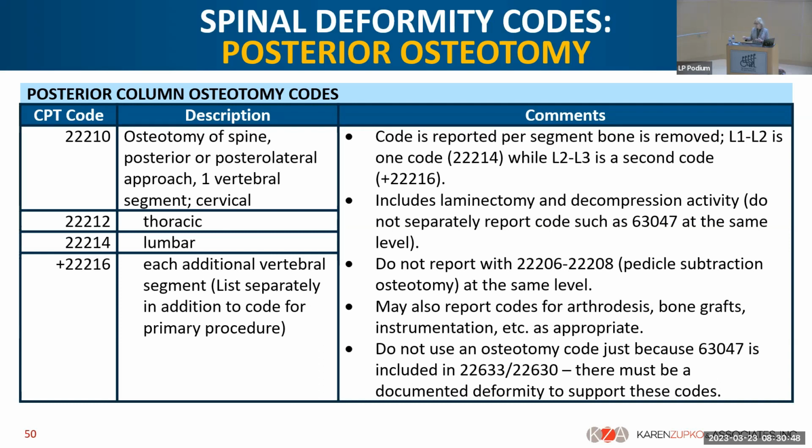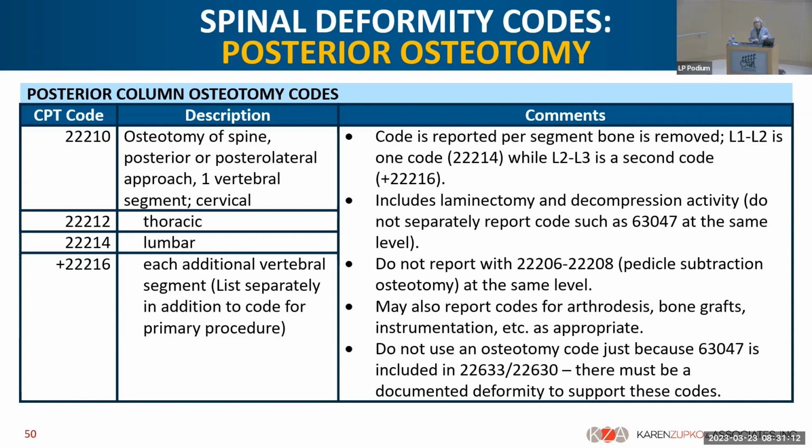So how do you bill an osteotomy code? You can't just say I did a Ponte or a Smith-Peterson or a PSO, but you've got to describe the work that it took at each interspace to remove that bone, to correct the deformity at each level for it to qualify as an osteotomy, because the payers are looking.